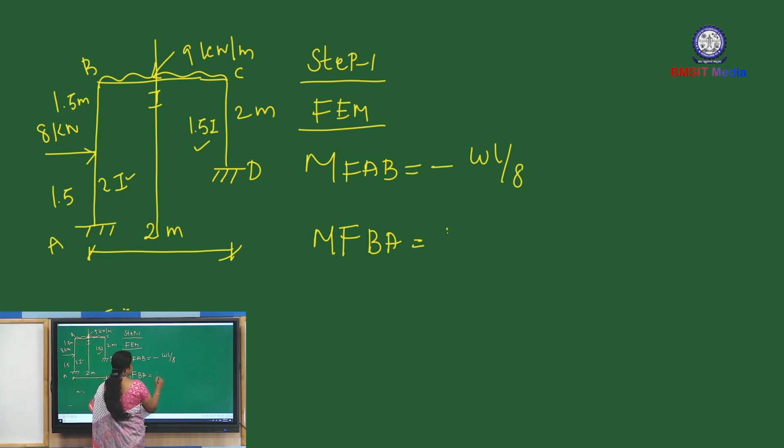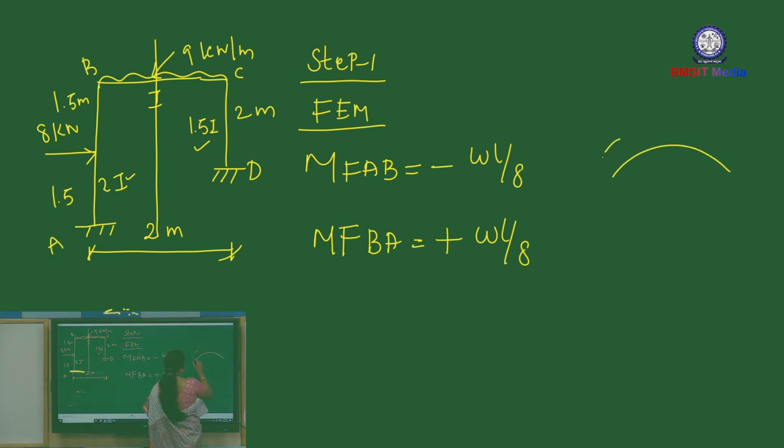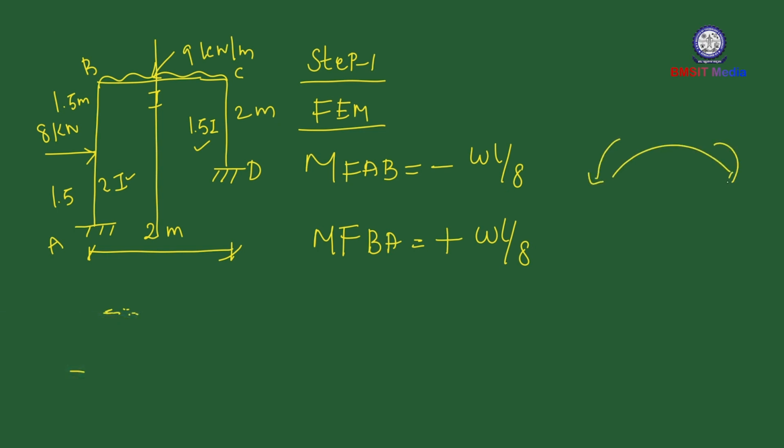Always right side, positive sign, positive WL by 8. Always fixed end moment produces negative bending moment, that is hogging bending moment. Hogging bending moment means left side is anti-clockwise direction and right side is clockwise direction.